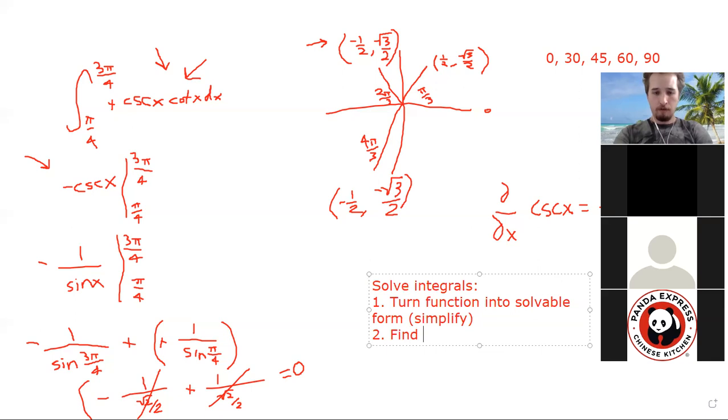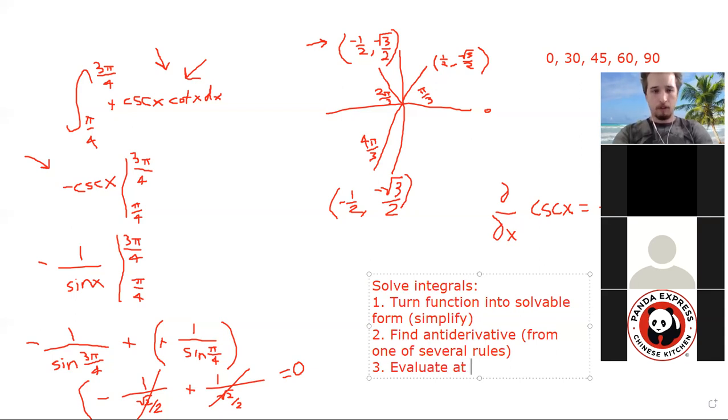Two, find antiderivative. And that finding antiderivative can be, you know, from one of several rules that you use. And 3 is evaluate at both bounds, right? And our bounds in this case was 3 pi over 4 and pi over 4. Subtract lower from upper bound.